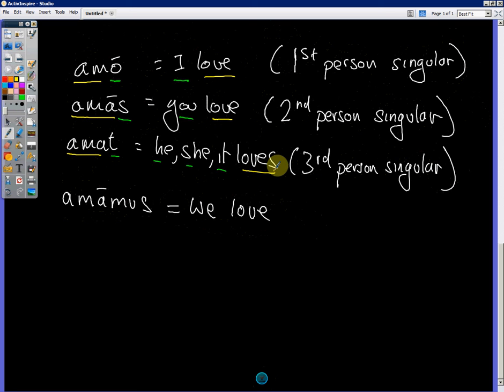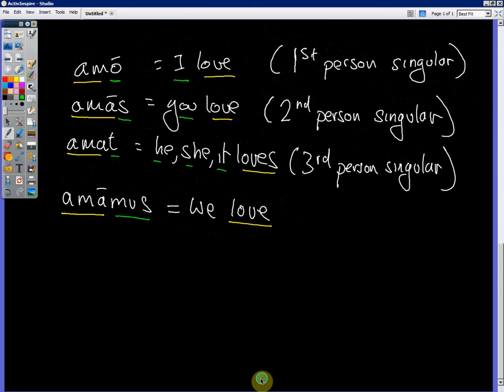Now, if I were to ask you about amamus, which bit means what? We've got one word in Latin, two words in English. It's pretty obvious. We can use our prior knowledge to work out which bit means what, and clearly we come to the answer that the ama means love, and it's the mus on the end that means we. So amamus means we love, and this is a model verb for us, a model form.